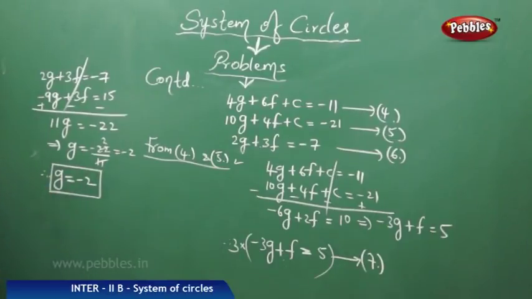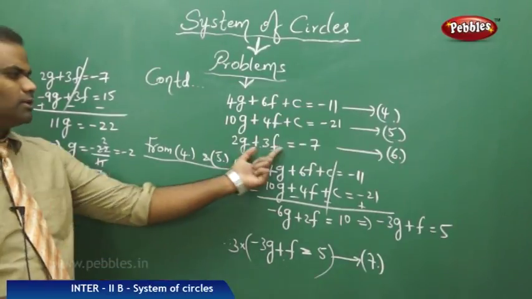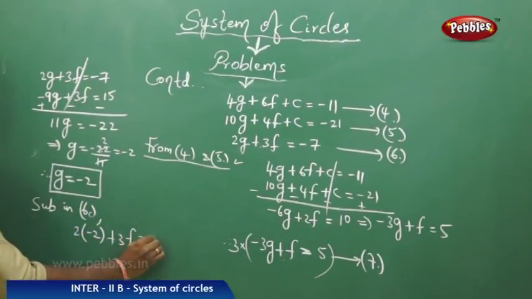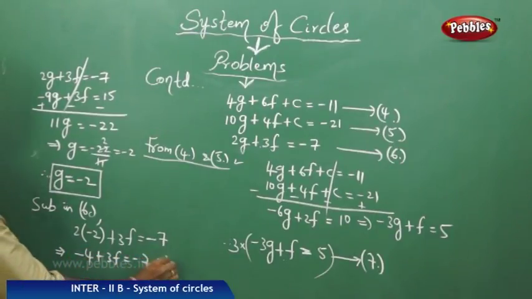Therefore, G equals minus 2, which I am going to substitute in one of the equations to get F. So substituting in 6 gives me 2 times G plus 3 times F is negative 7. On further simplification this gives minus 4 plus 3F is minus 7.